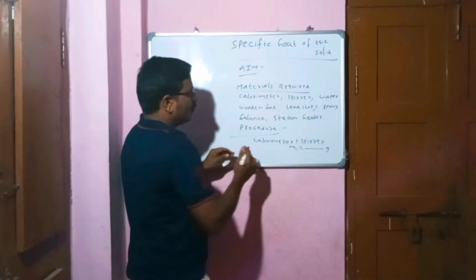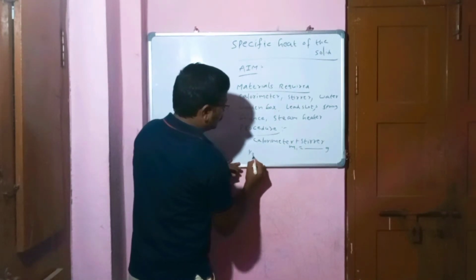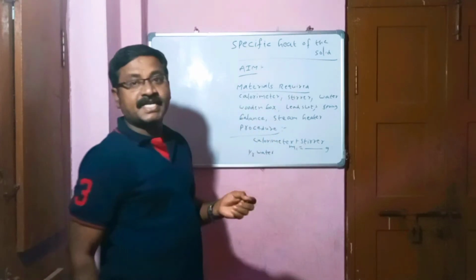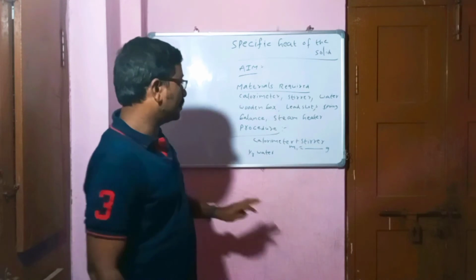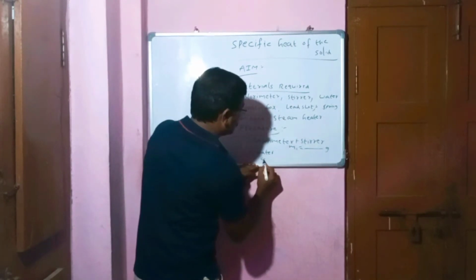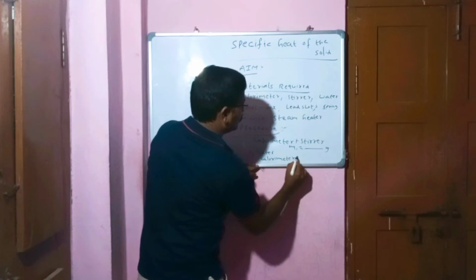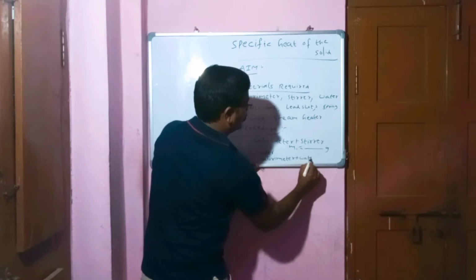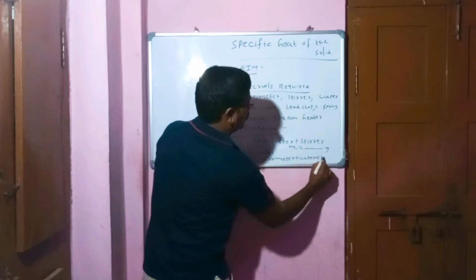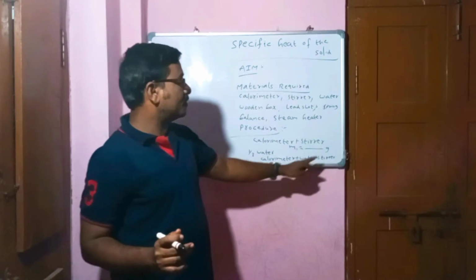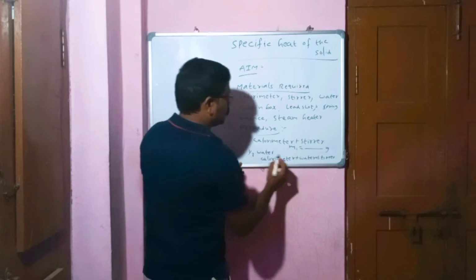Next, one-third of the water is added to the calorimeter, and you find the mass of the calorimeter plus water plus stirrer. That is called M2.